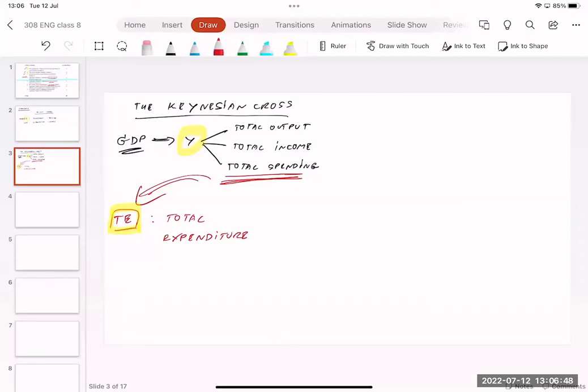The graph of the Keynesian cross is going to look like this.